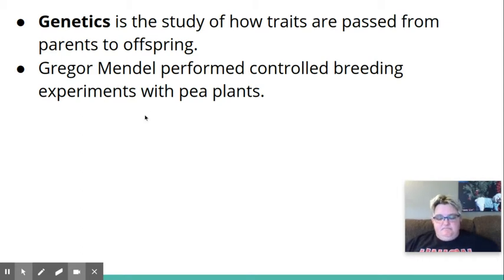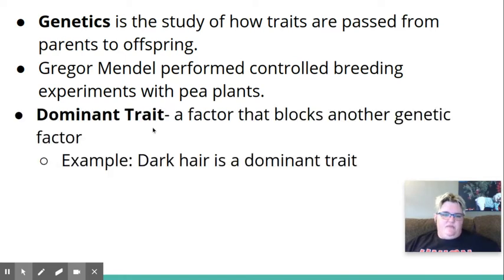And what he found is that when he was breeding those pea plants, or in other words, growing more from the seeds that he already had, from the plants he already had, there was an interesting thing happening.